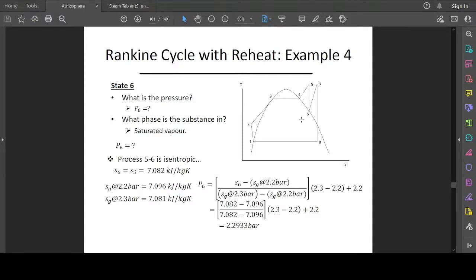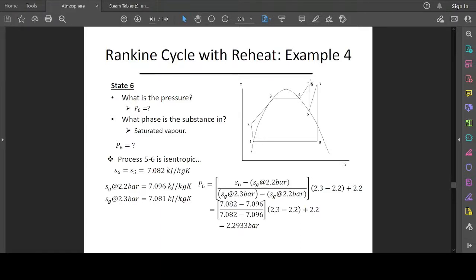Between stage 5 and 6, there is a turbine work, which is work done by the working fluid, in this case steam. So we need to calculate the pressure at this stage, which is P6. Since we don't know the pressure at this stage, we use the entropy. This is a constant pressure heating, so we know the pressure at stage 5, and based on that, we can find the entropy at stage 5.